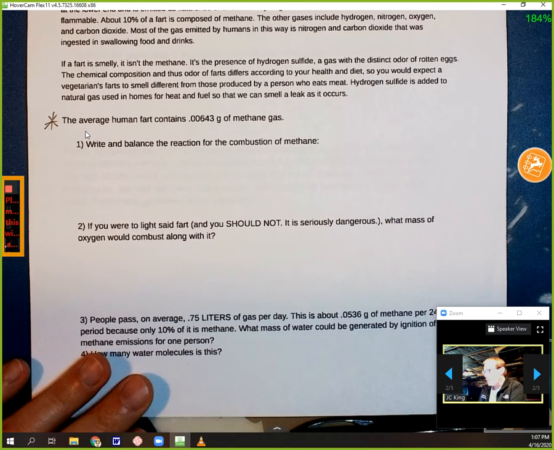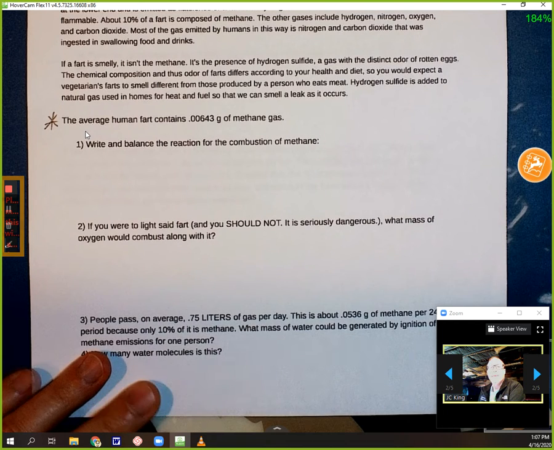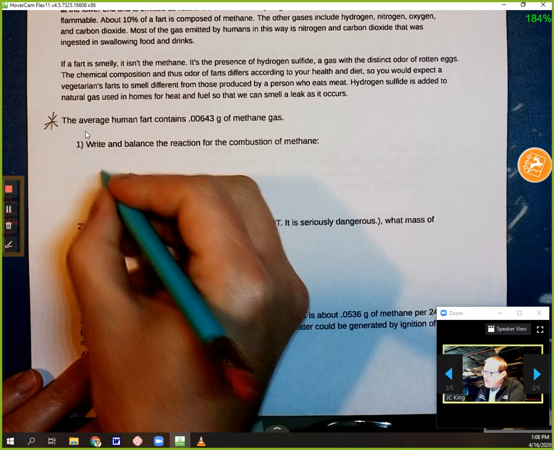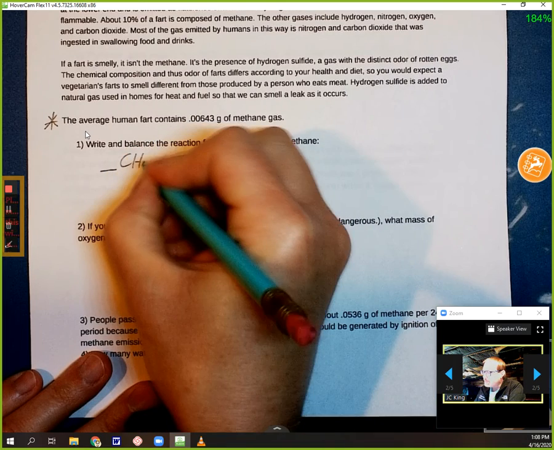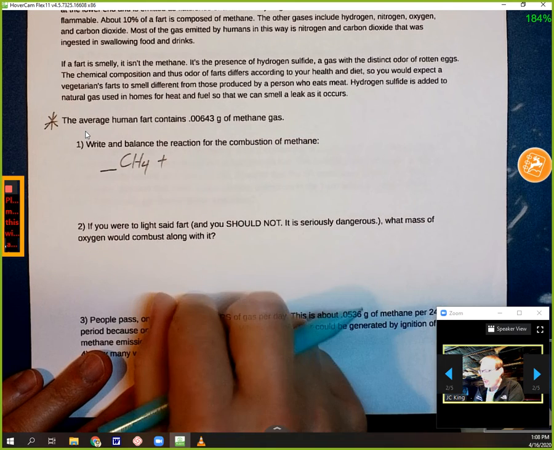So we're going to start out by writing and balancing a reaction for combusting methane. I'll do part of that for you. I will write it, but I will leave it up to you to balance it. So we're going to start out with methane, CH4. Anytime you combust something, remember what you're doing is you're combining it with oxygen gas.